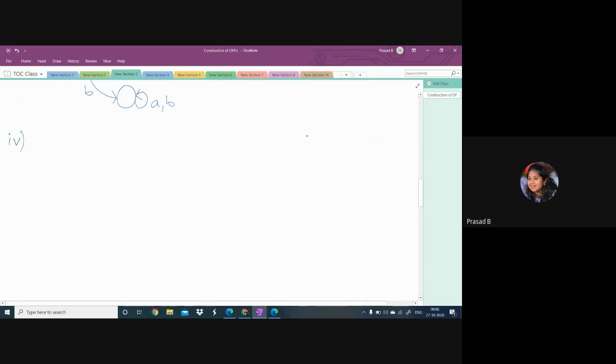If starting symbol is A, then should end with B. Or if start symbol is B, then should end with A. So, initial. If starting with A, then ending with B, the smallest thing is AB.